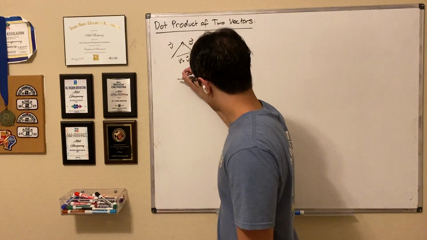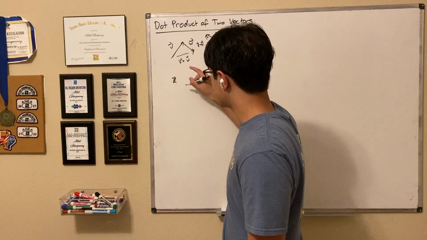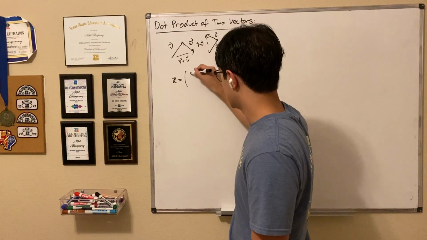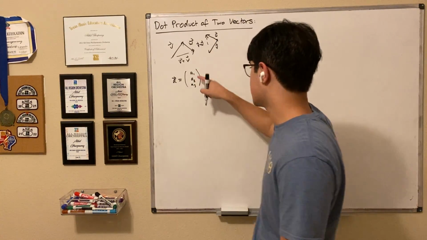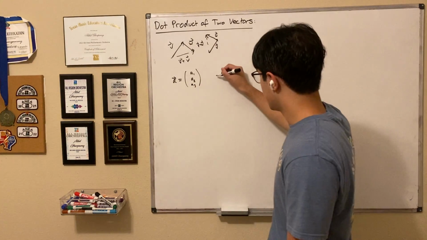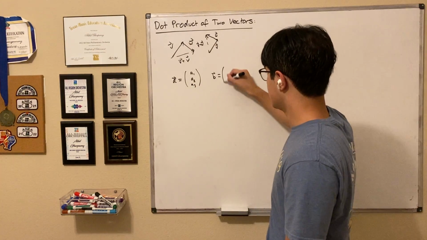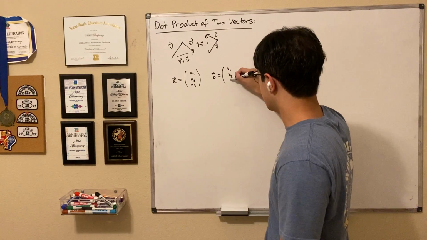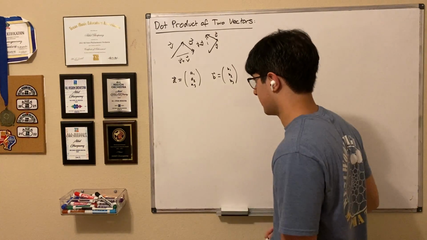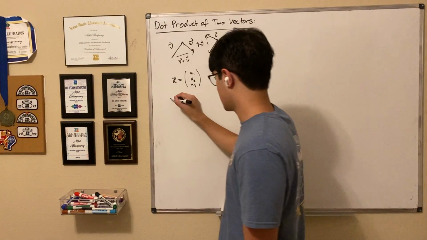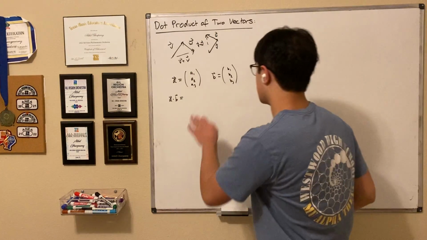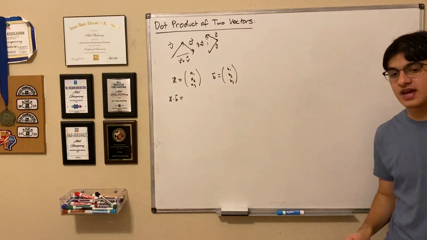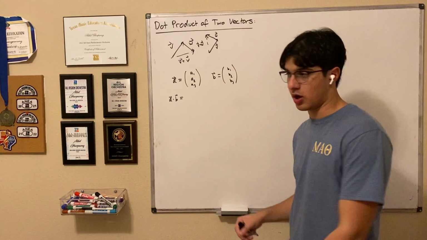The definition of the dot product is this: let's say we were given two vectors, vector A, notated by its components a1, a2, and a3, and vector B, notated by its components b1, b2, and b3. To find the dot product, or A dot B, you multiply the respective components together and sum all those products up.